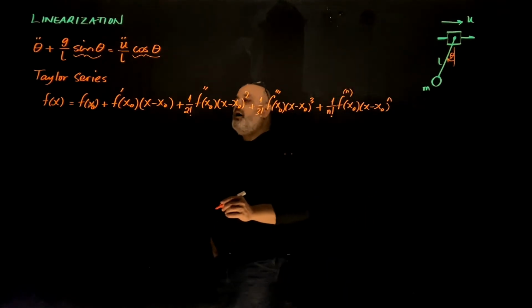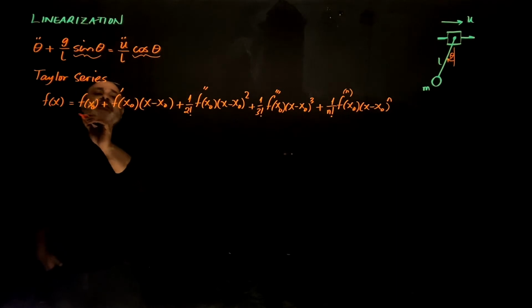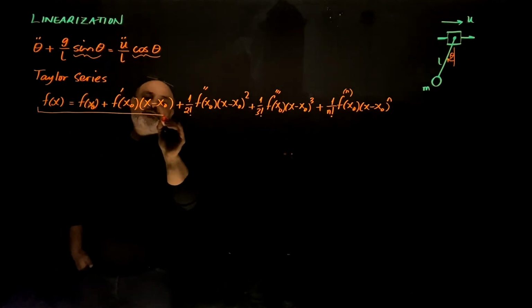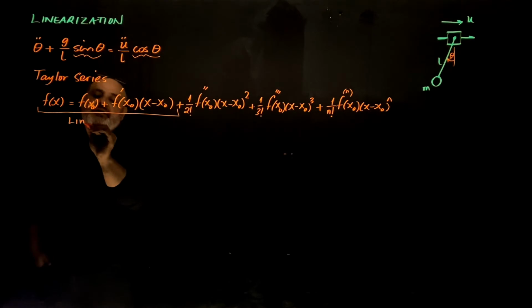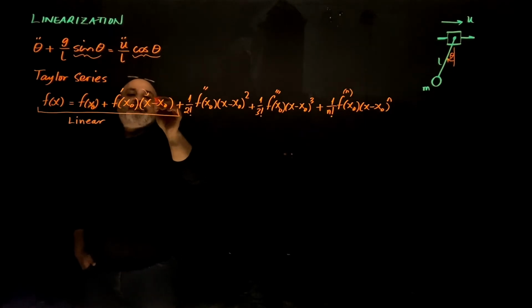Now, for me, I'm going to need just the linear terms. So I'm going to use just this part of the Taylor series. This is the linear part because we only have the variable x appearing in the first order.